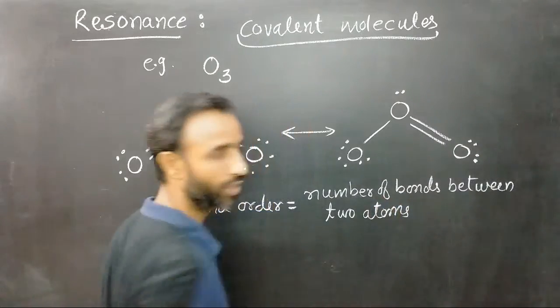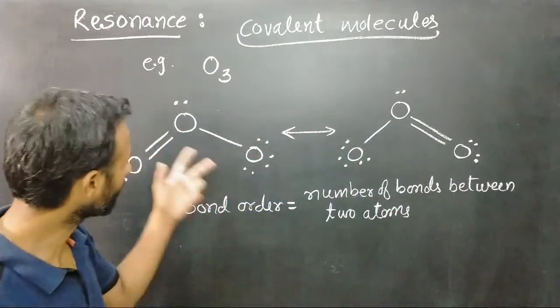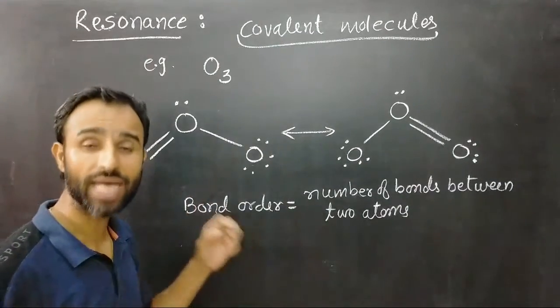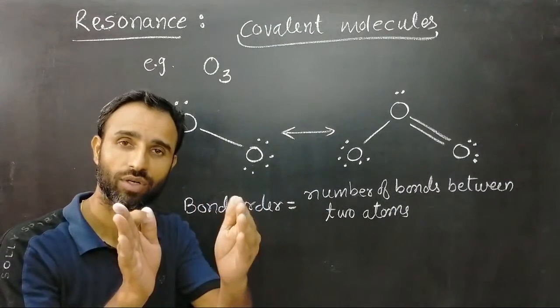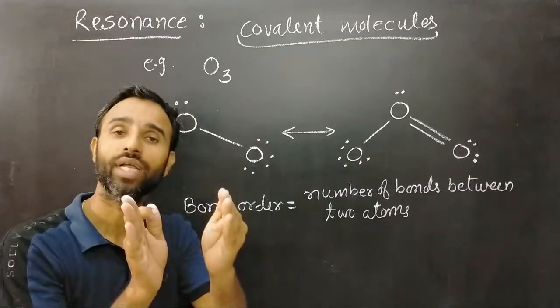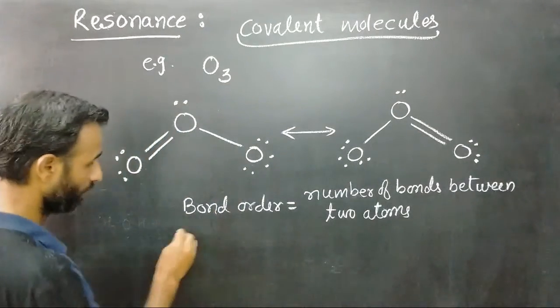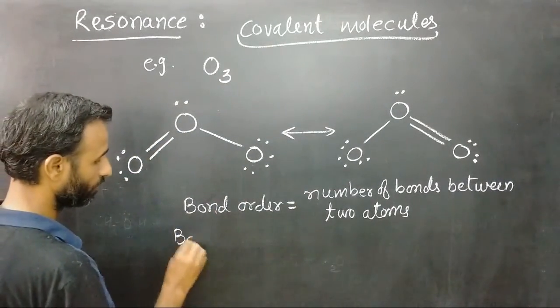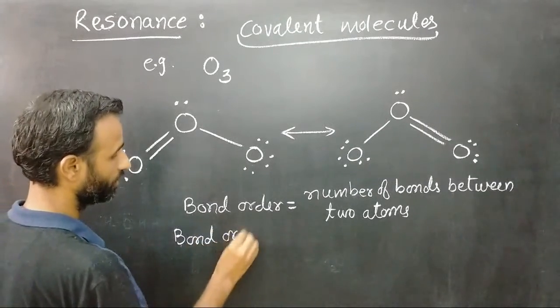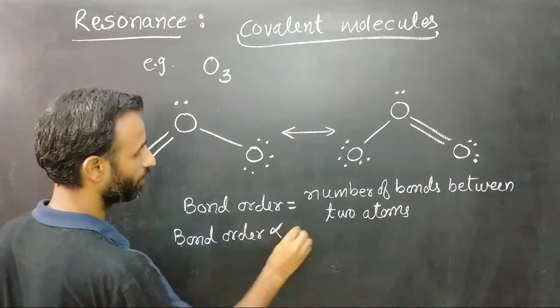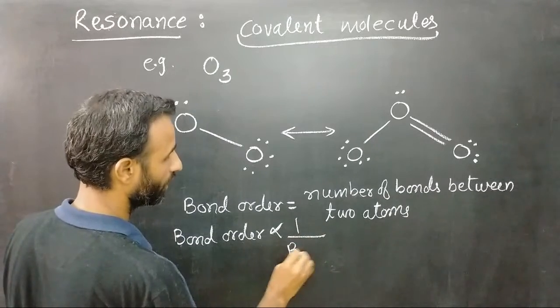That is called bond order. And the more the number of bonds, the lesser is the bond length. That means bond order is inversely proportional to bond length.